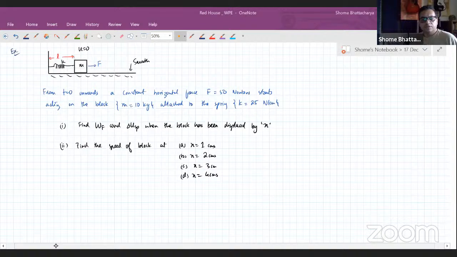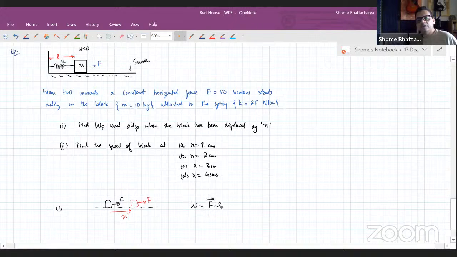Okay, so the first part, you can see that F is a constant force which is acting. So as the block displaces through x, the work done by F, we can just use the formula F dot S because it's a constant force.